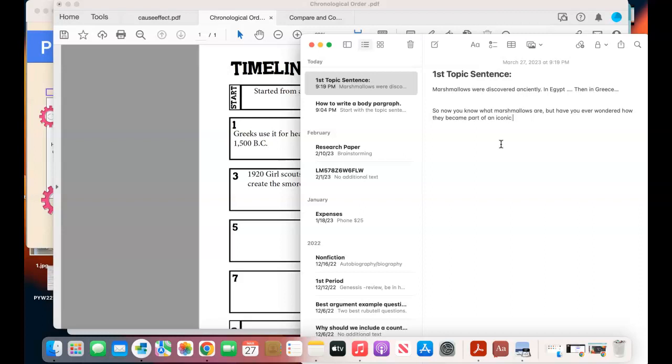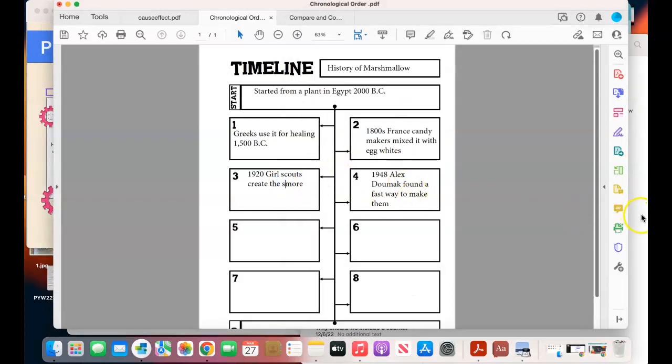They became an iconic part of camping. That could be my topic sentence. So, as you're looking at your timeline, think about, okay, how do I make topic sentences that introduce these events?